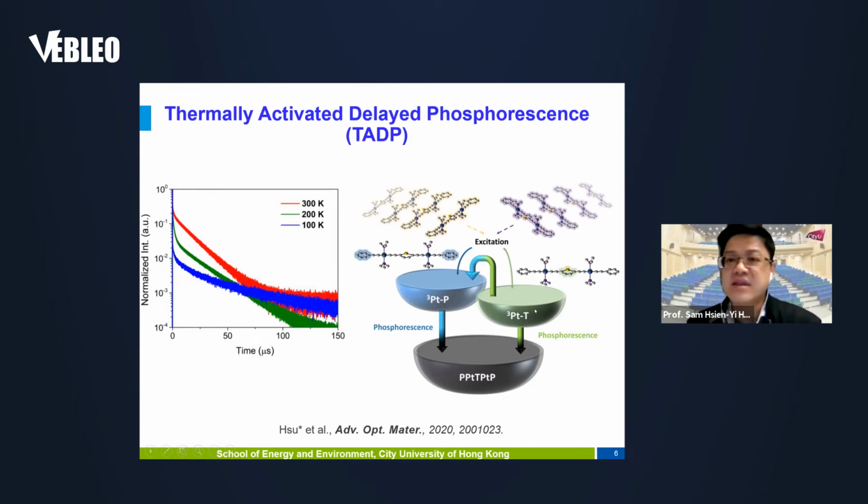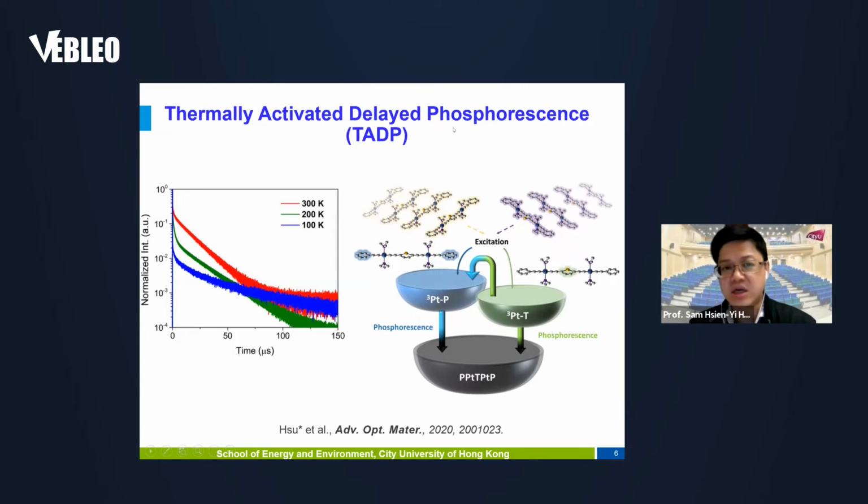However, the difference between these two energy levels is too small, about 0.3 electron volt, and it's well known that if the difference of energy levels is smaller than 0.5 electron volt, reverse energy transfer will occur, leading to thermally activated delayed phosphorescence.